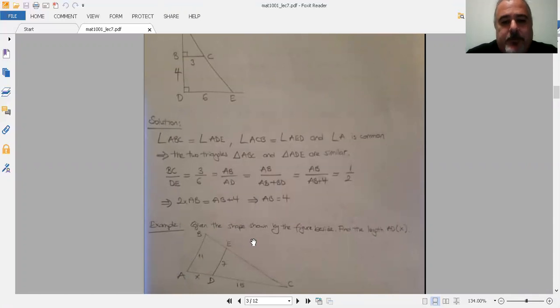Given the shape shown by the figure beside, find the length AD or X. Okay, this is almost the same.